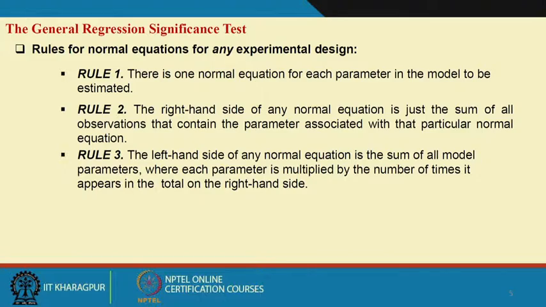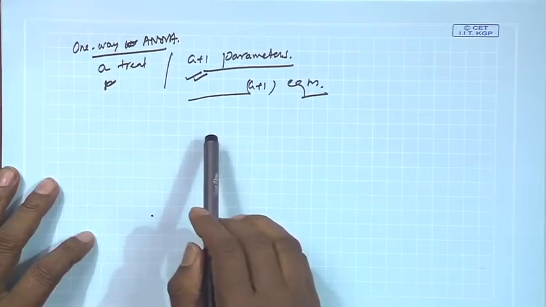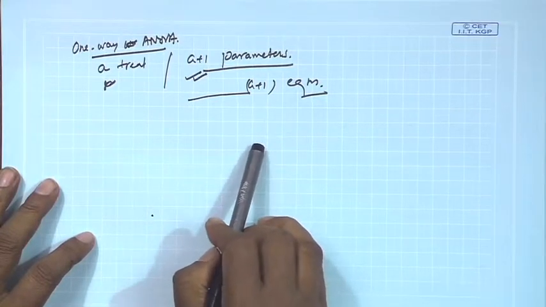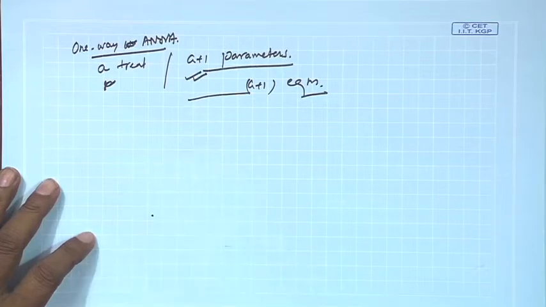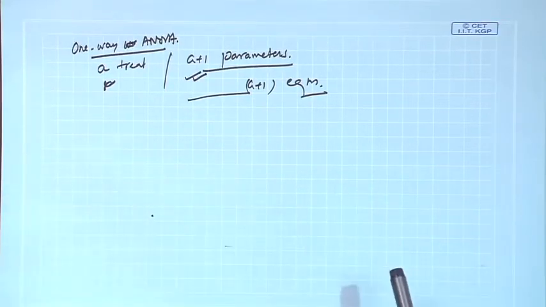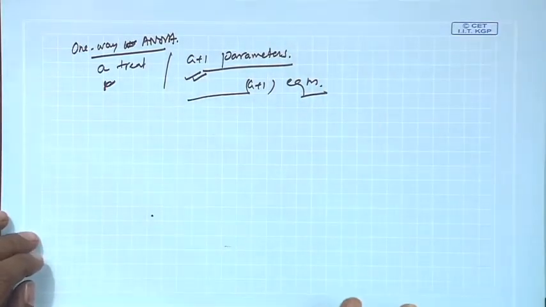In the regression approach, you find that there will be as many equations as parameters, and the general rule is that 3 rules are there. If you apply these 3 rules, you will be able to get all the equations, even if you do not go by the least squares, the traditional mathematical procedure.